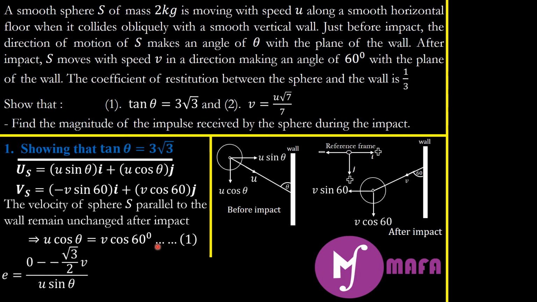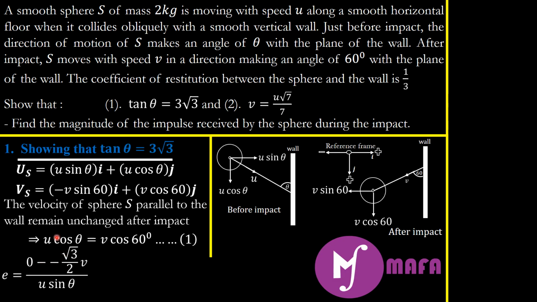Now the coefficient of restitution between the sphere and the wall is e, which is the velocity of separation divided by the velocity of approach. Since the wall was at rest, the initial and final velocity of the wall is 0. So in this direction, we have the final velocity of the wall, which is 0, minus the final velocity of the sphere.